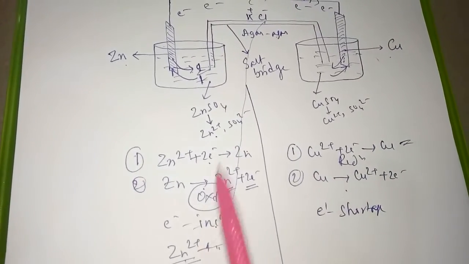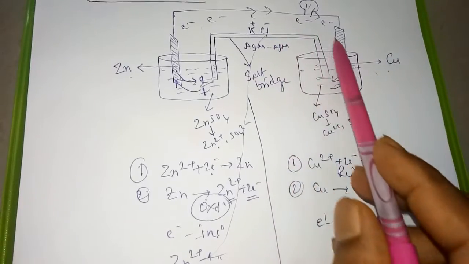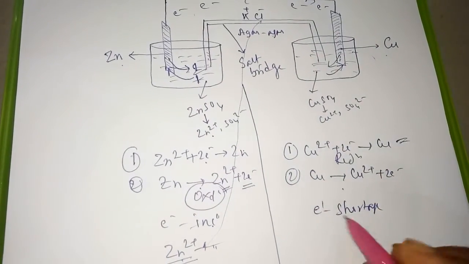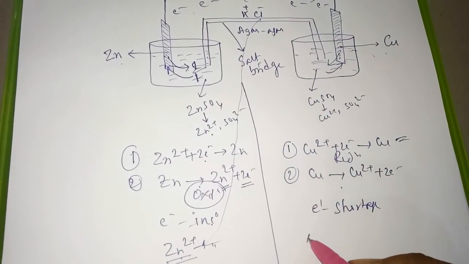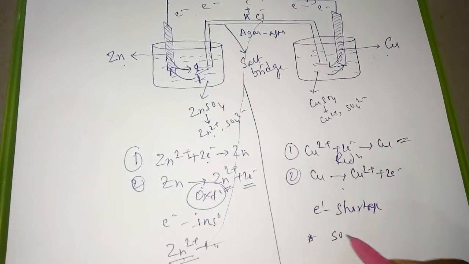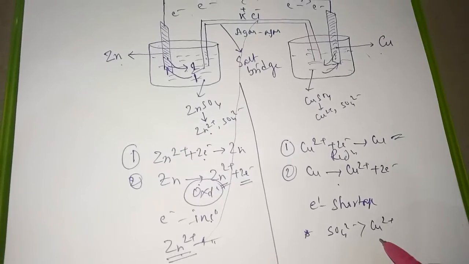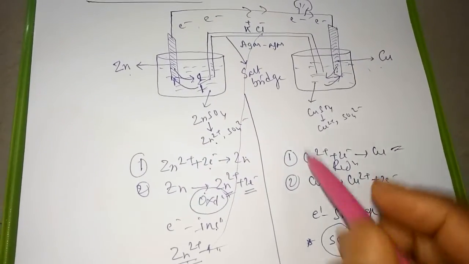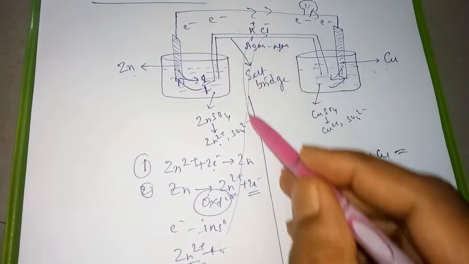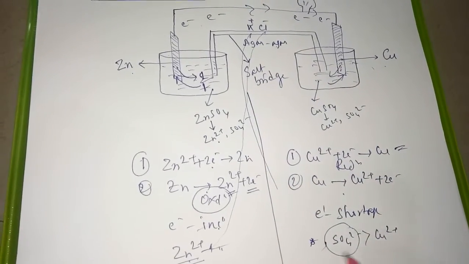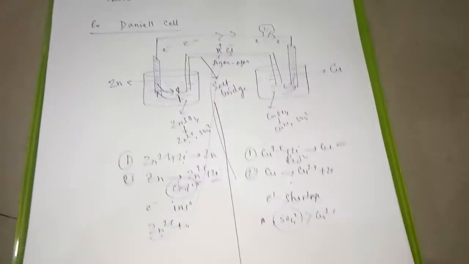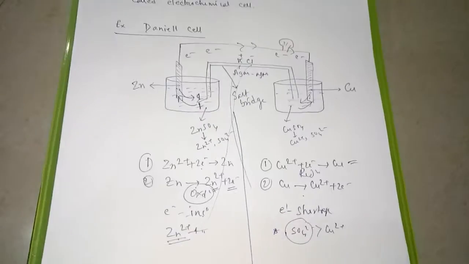The electron shortage is overcome as the electrons are coming from the external circuit. And another point is here, there is more SO4 dinegative than Cu dipositive. So that SO4 dinegative is neutralized by potassium, forming potassium sulfate. So this is what happens in your Daniell cell.